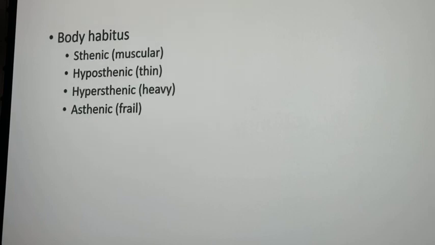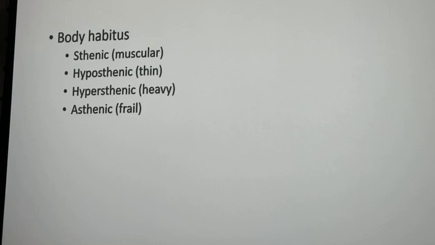So patient factors, we've got different body habitus. We've got sthenic, which is usually described as thin, but muscular, so large average maybe. Then you've got hyposthenic, which is thin, more like a runner's build.